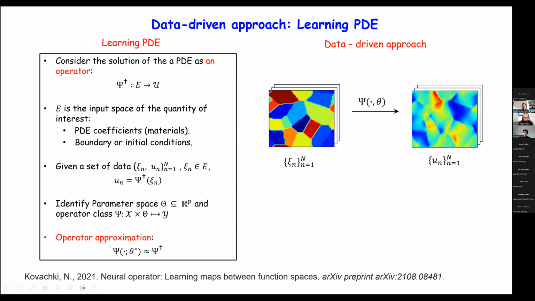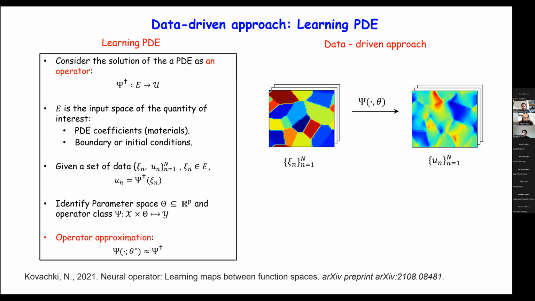It can be, for example, PDE coefficients, which in the application domain would mean different materials, or we can think of different boundary or initial conditions. So these can be our input states. And then we're interested in learning the solution map operator that maps these coefficients or boundary conditions of PDEs to its solution. All right.